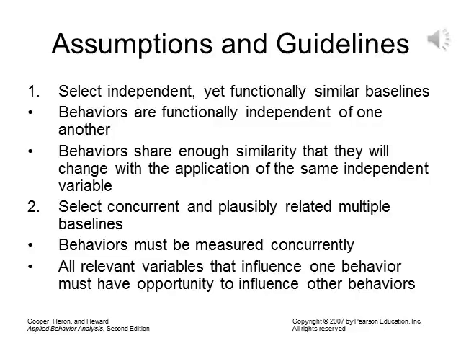We have to measure behaviors concurrently, and we have to be able to say that the other variables that we're not controlling are similar across behaviors, or across settings, or across subjects. These are assumptions that could be wrong. But if you're going to do research, these are some of the things that you have to consider before you might choose a multiple baseline as the design you're going to use.